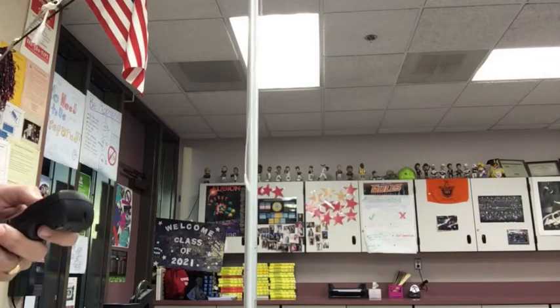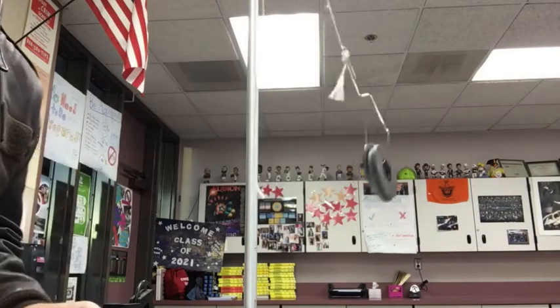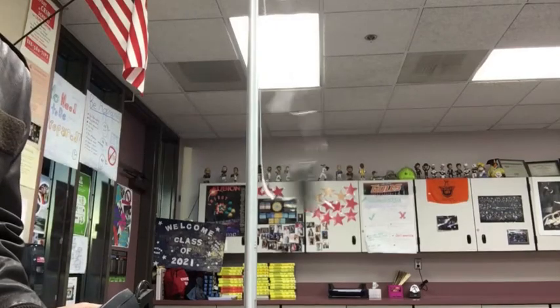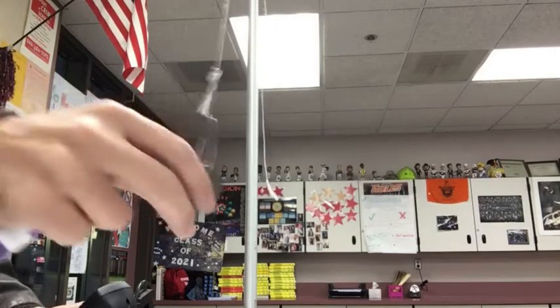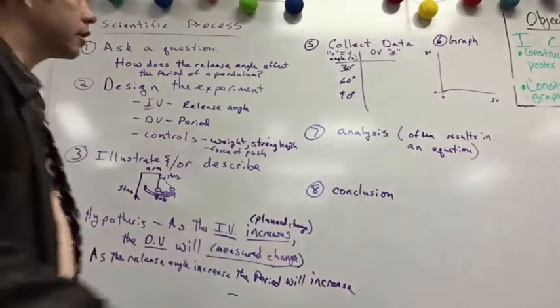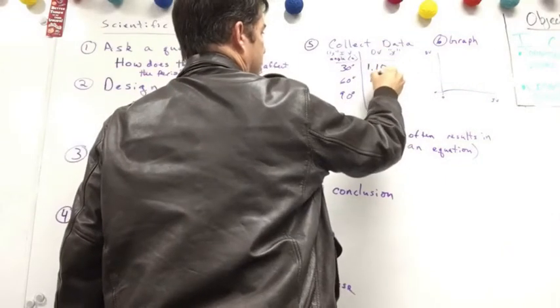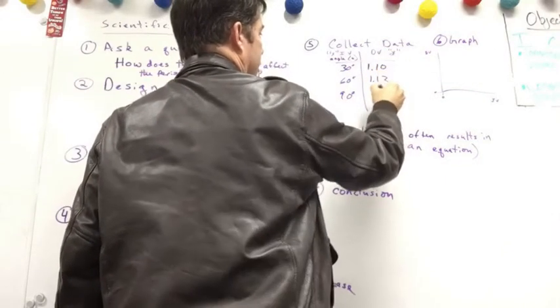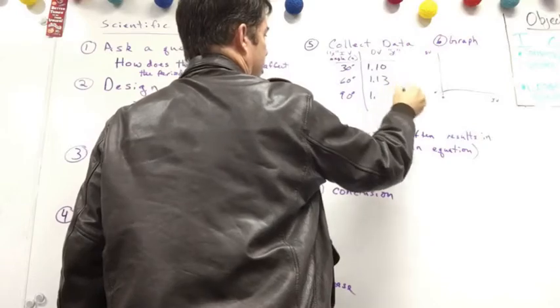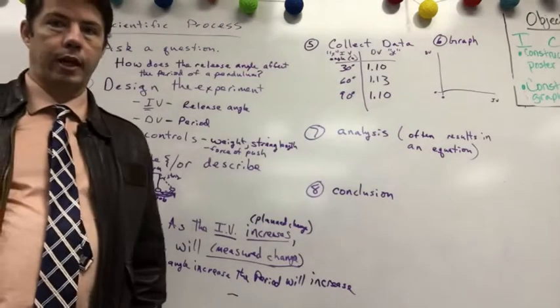Okay, I'm getting about 1.10 on all my times here. So I'm getting about 1.10. So I did several trials, and we got 1.10, 1.13, and 1.10 here for our times.